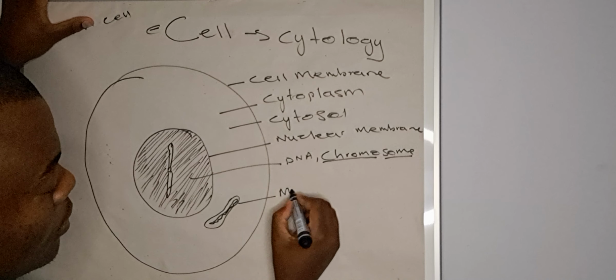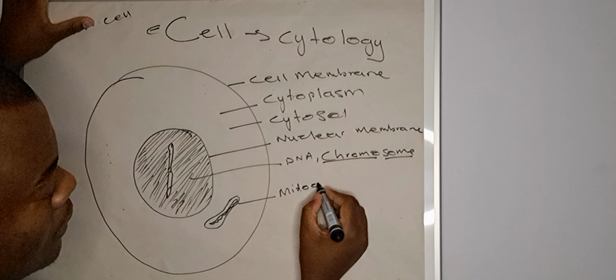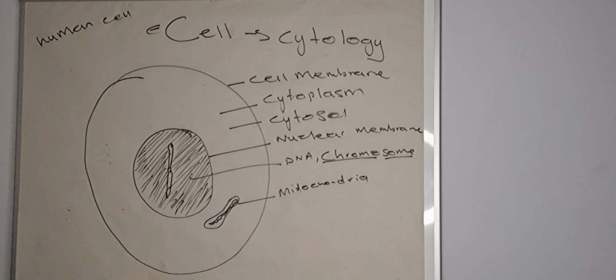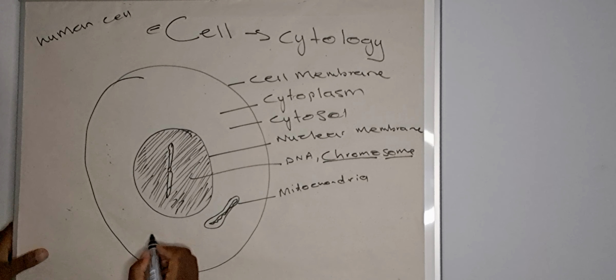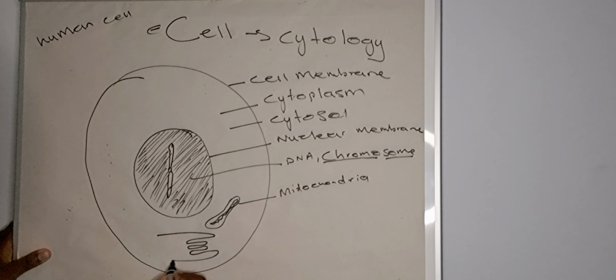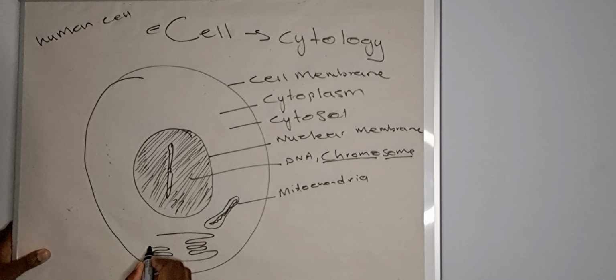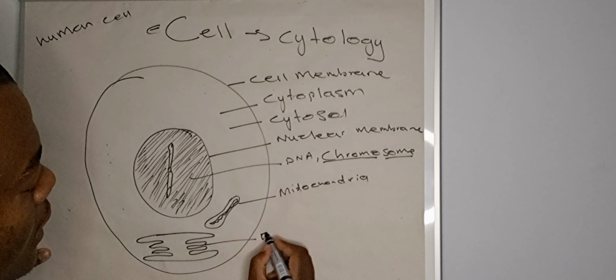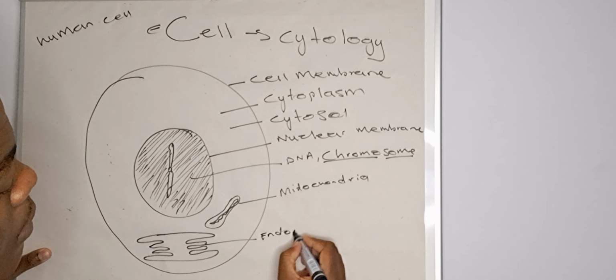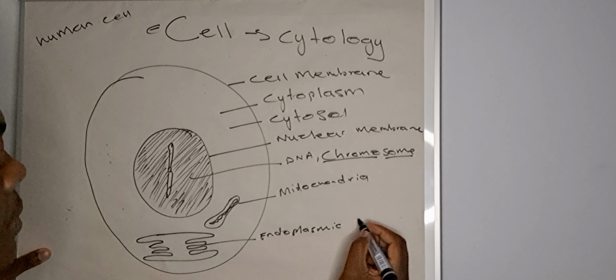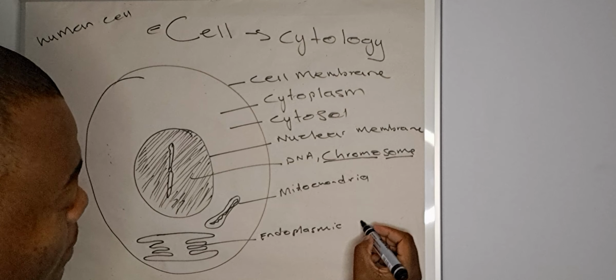This will be your mitochondria. Within the cell, what else do you have again? You can have something like this. What this might be is what we call endoplasmic reticulum.